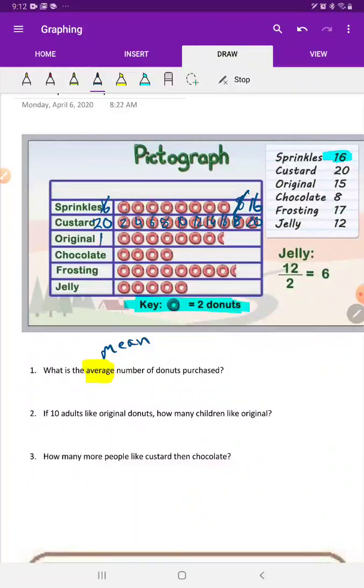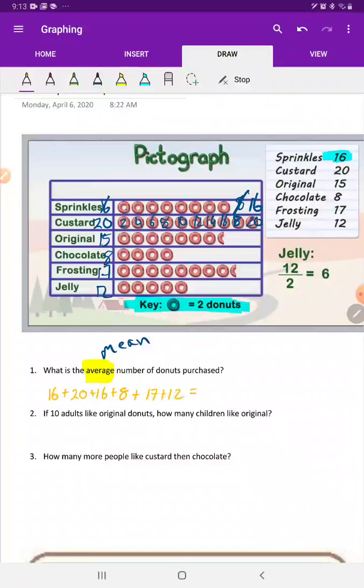All right, so original comes to 15, chocolate is 8, frosting is 17, and jelly is 12, which you already have over on the other side. So remember that when you're doing an average, you have to add all of this together. Wow, that's really messy. Let me fix that. All right, so 16 plus 20 plus 15 plus 8 plus 17 plus 12.